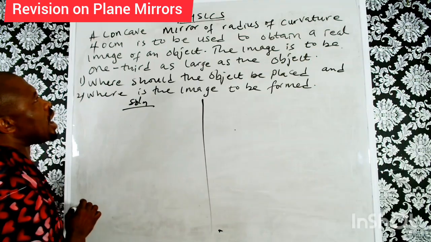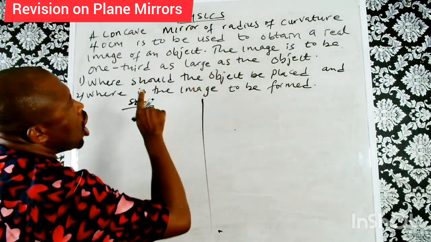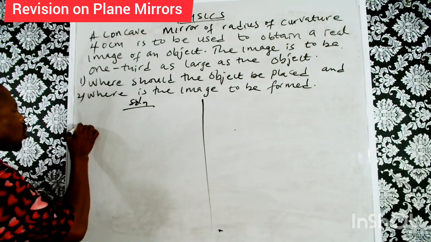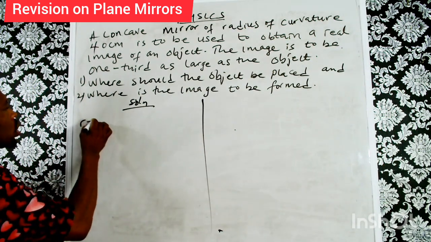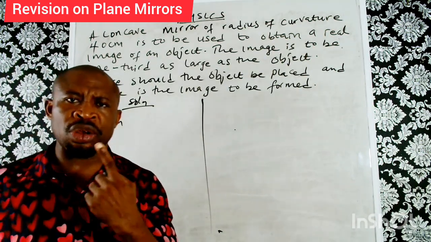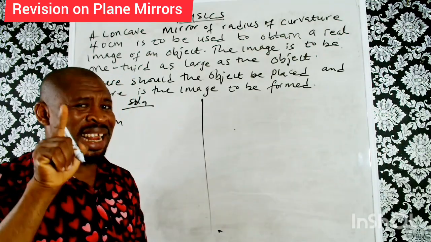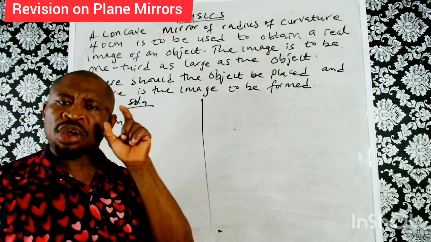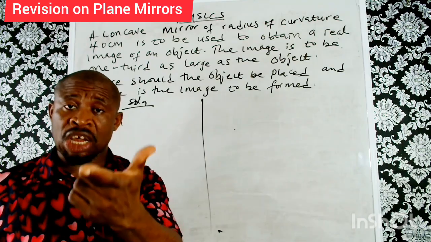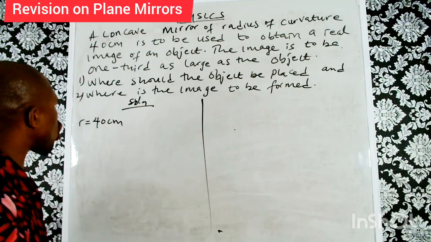Solution, where we have, let's say, a concave mirror of radius of curvature. You and I know that radius of curvature is 40 cm. And we know the relationship between radius of curvature and the focal length of the mirror. Remember that the mirror in question is a concave mirror, and a concave mirror has a real principal focus.